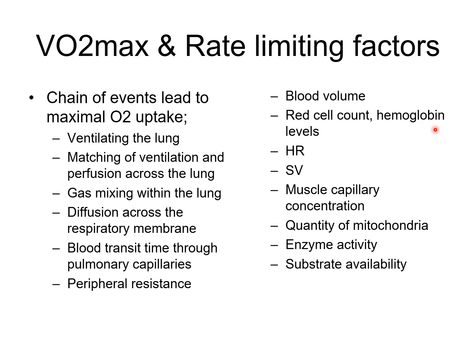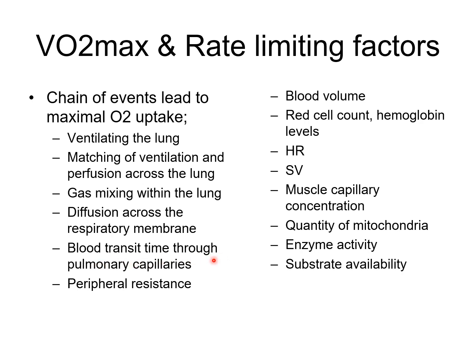Okay, so in terms of VO2 max and the rate limiting factors, there's a whole chain of events that can lead to or compromise VO2 max. So we've got ventilating of the lungs, which we talked about before, the matching of ventilation and perfusion, so that VQ ratio, gas mixing within the lungs, diffusion across the membranes, blood transit time through the capillaries.